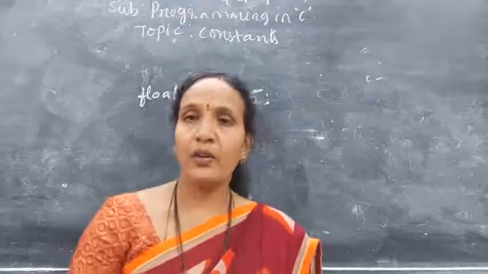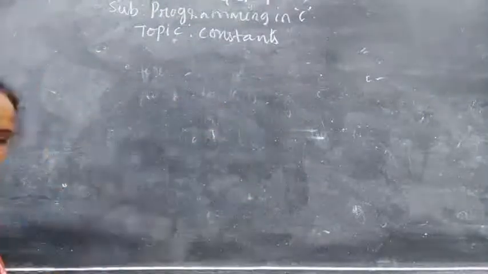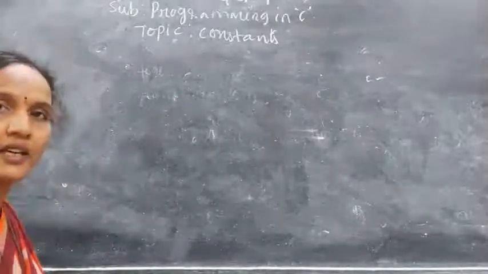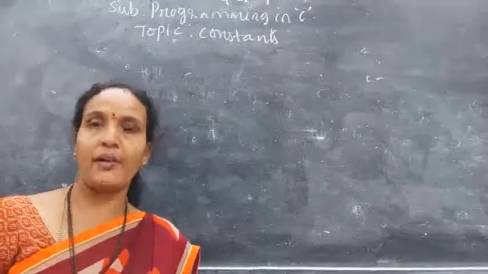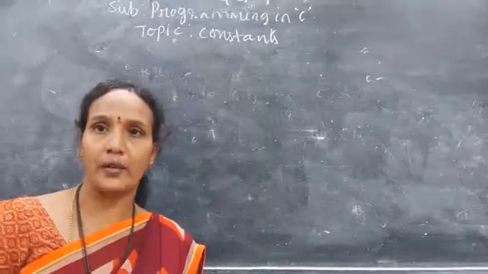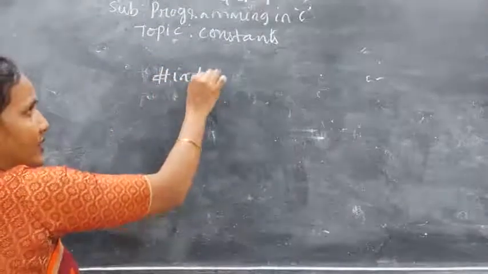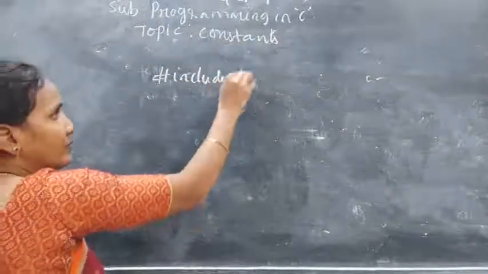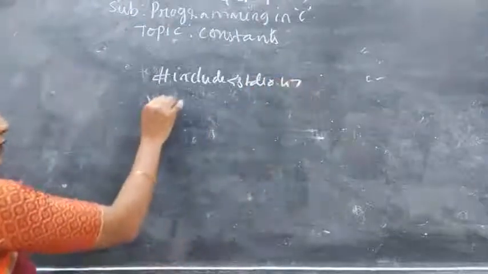Now, using numeric constants, I will write the program, because in C programming exams, for each and every topic, most of the time you try to write the program. So here I am writing a program using an integer constant and a float constant. Include the standard input and output header file, then the main function.